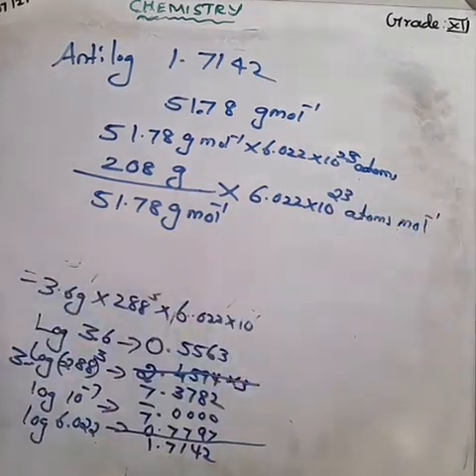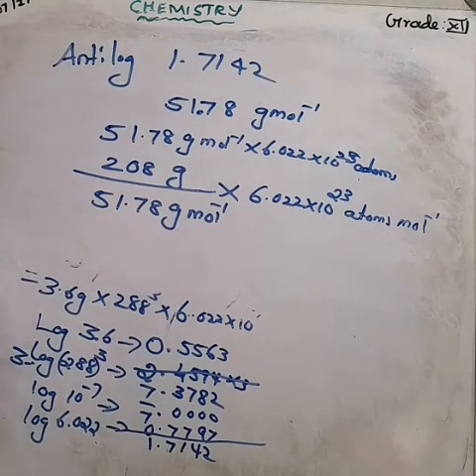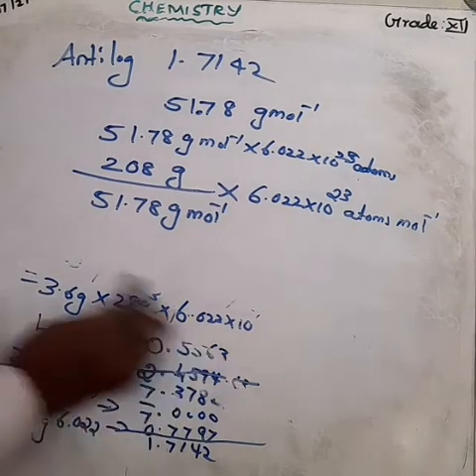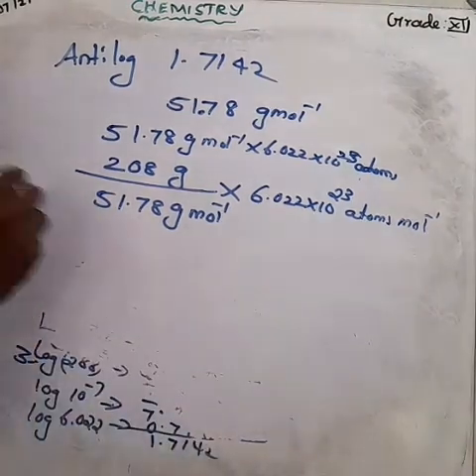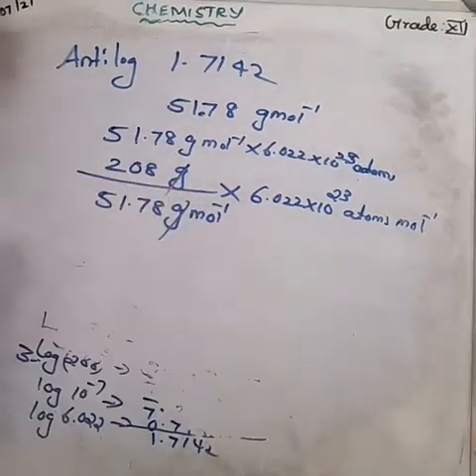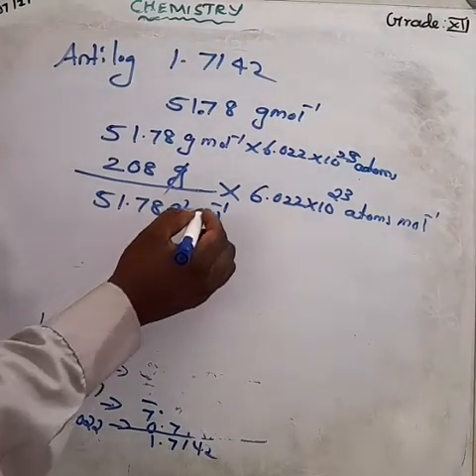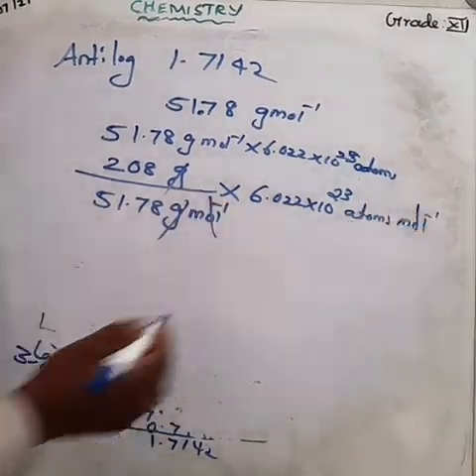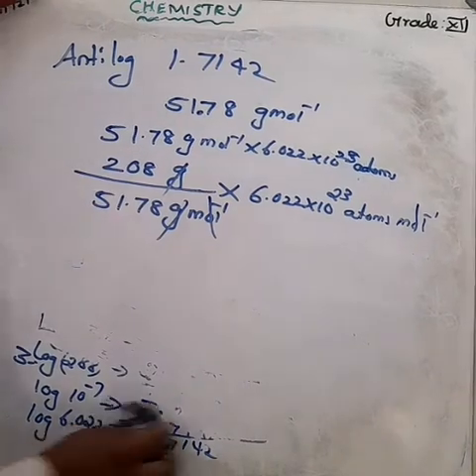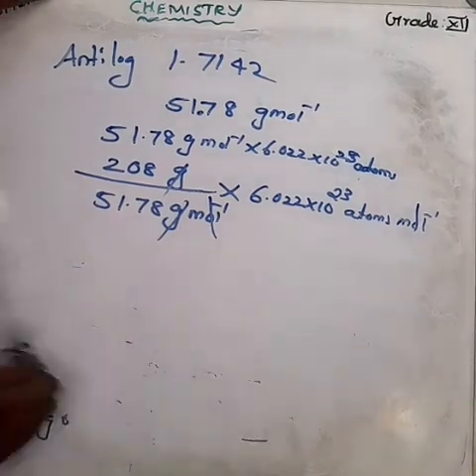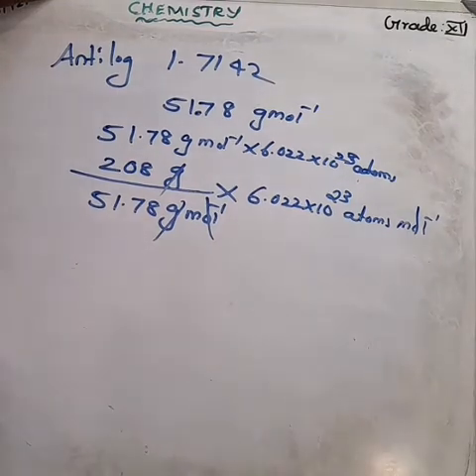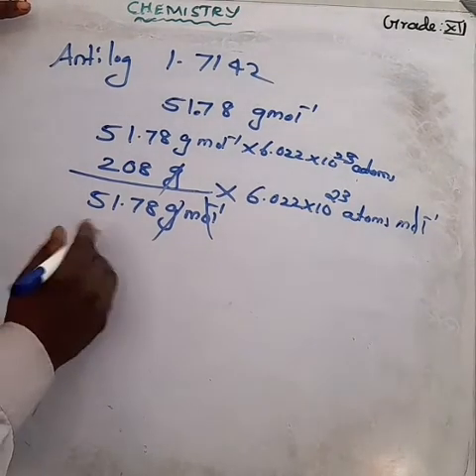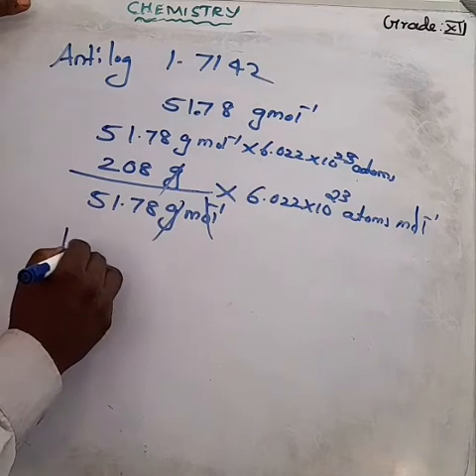Again, you have to take the log of 208 and 6.022. Also, some units can be cancelled. Gram can be cancelled, and mole inverse also can be cancelled. So remaining is 208 divided by 51.78 into the Avogadro number atoms.